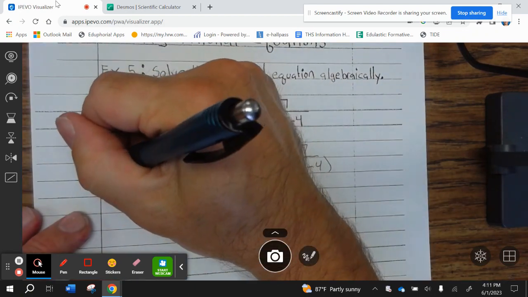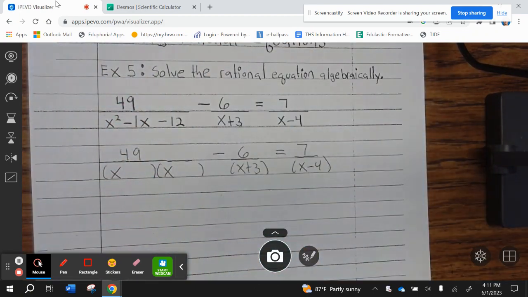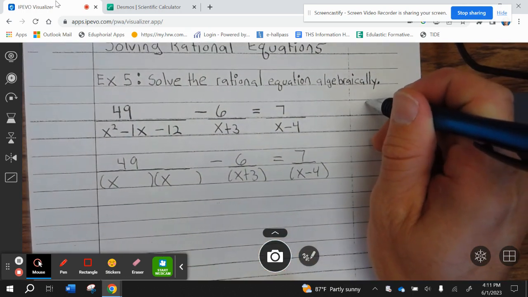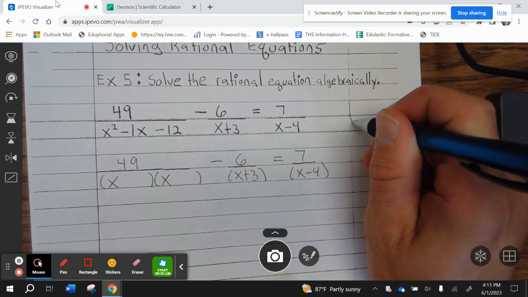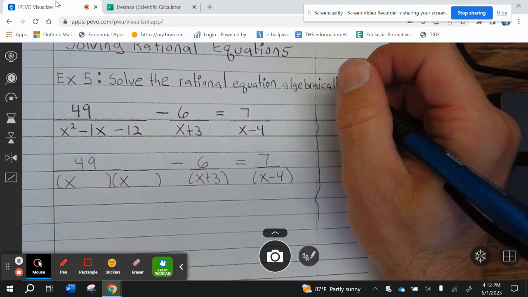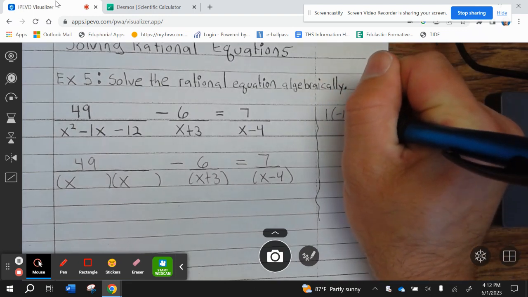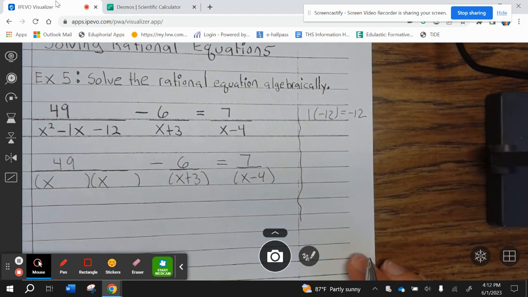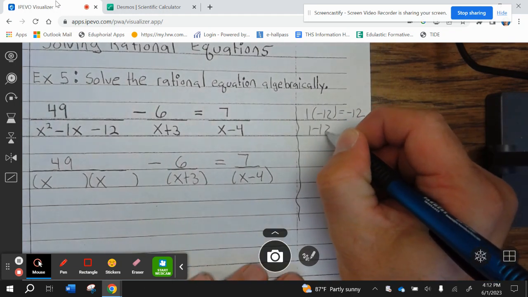Okay, we know x times x is x squared. Now we need to figure out what numbers multiply to give you negative 12 and combine to be negative 1. Okay, so let's try 1 times negative 12 is negative 12. 1 minus 12 is negative 11.